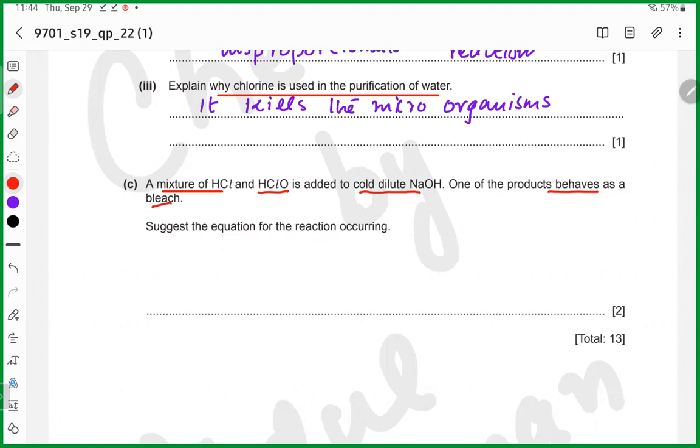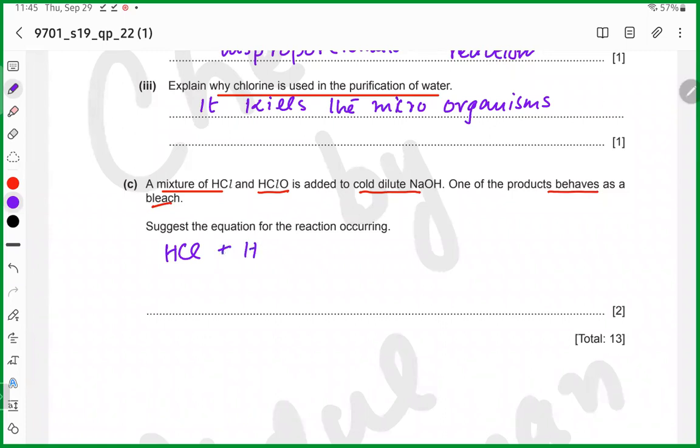किसके रिएक्शन की इक्वेशन हमें दिखानी है? HCl plus HClO. अच्छा जी, तो इस रिएक्शन की हम इक्वेशन क्या लिखेंगे?